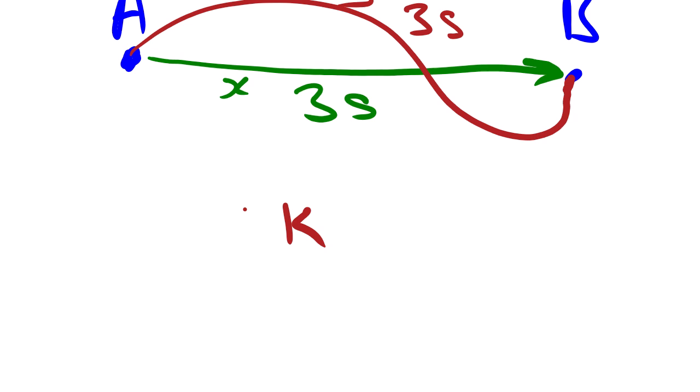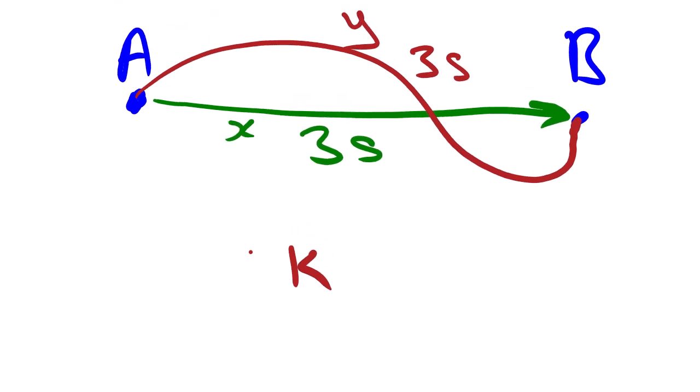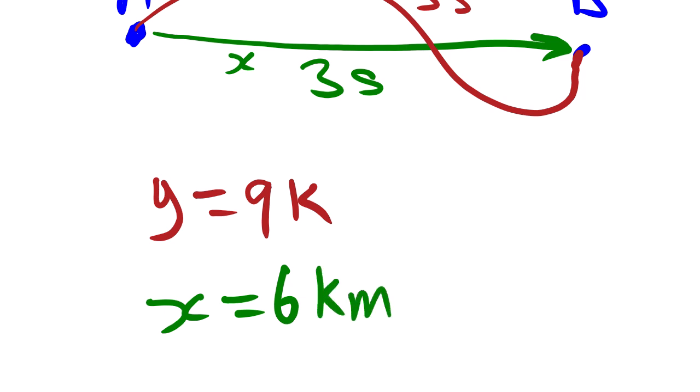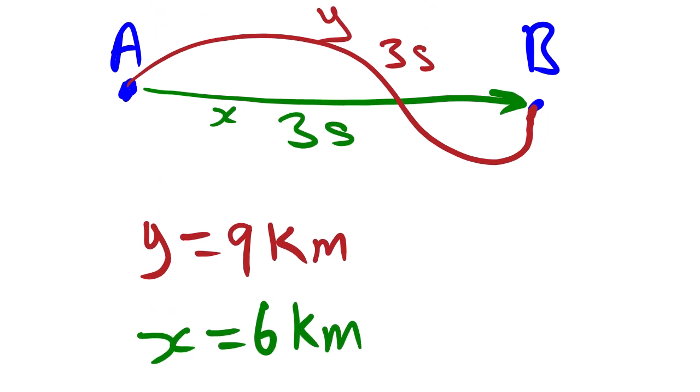The distance for Y is equal to 9 kilometers. Then for X, the distance is equal to 6 kilometers. So we have 9 kilometers for Y and 6 kilometers for X, because the actual distance now is 6 kilometers.